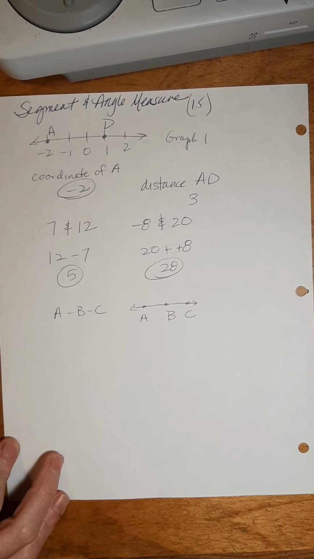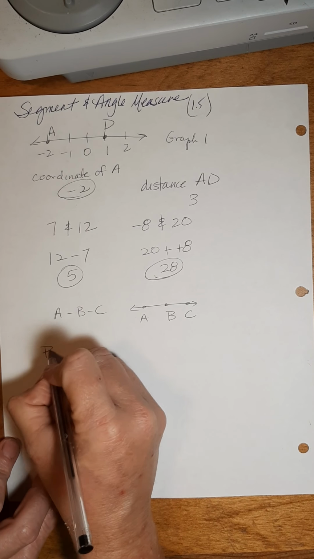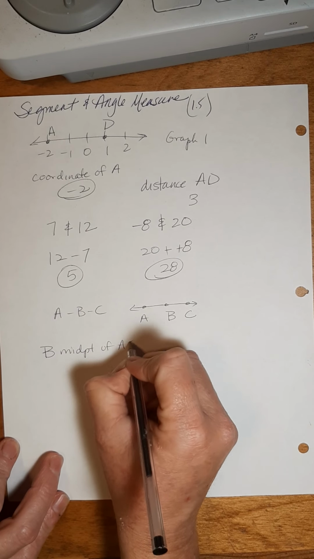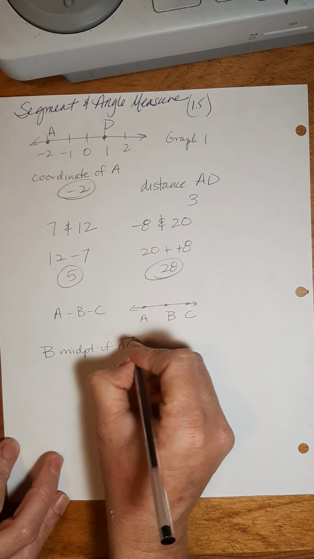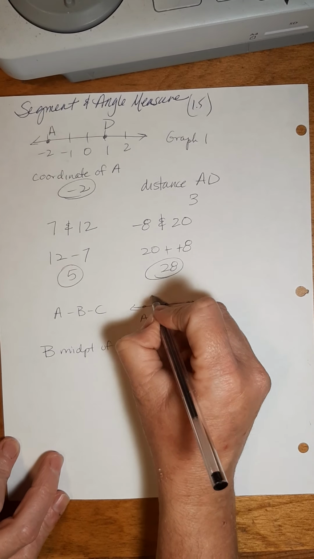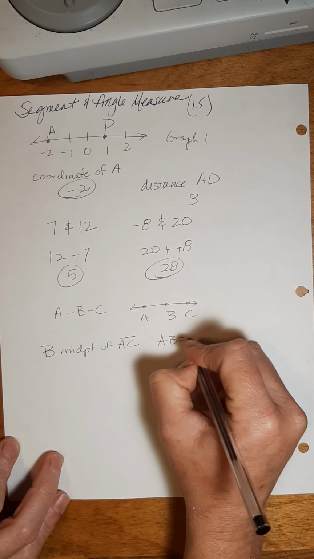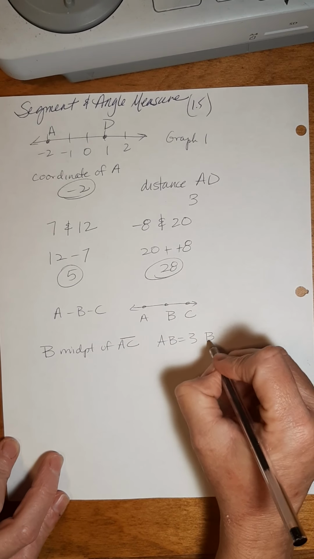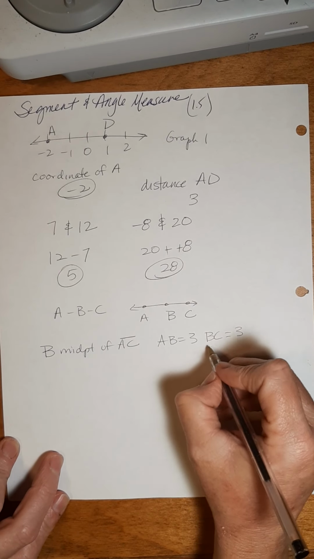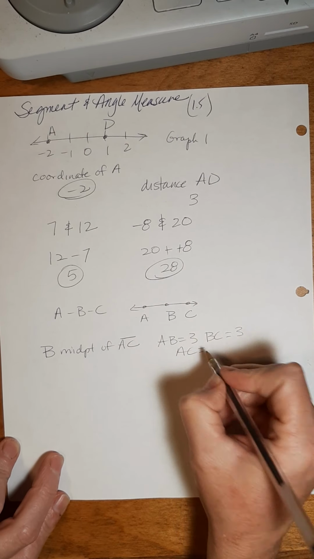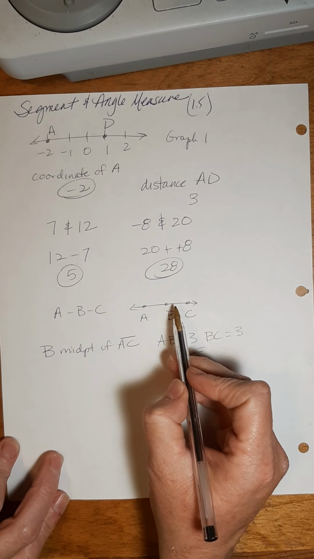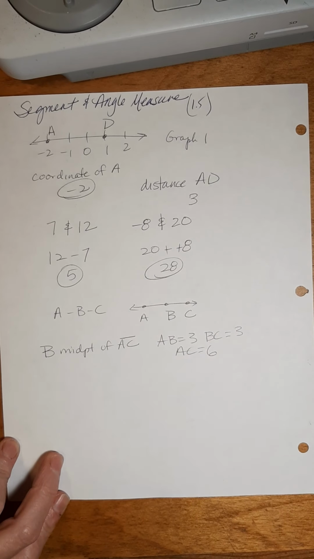Now, however, if I did say B is the midpoint of AC, in other words, B is cutting AC in half. If I were to say AB is 3, BC would be 3. And if I said AC, or the whole thing, if this is 3 and this is 3, then the whole thing is 6.